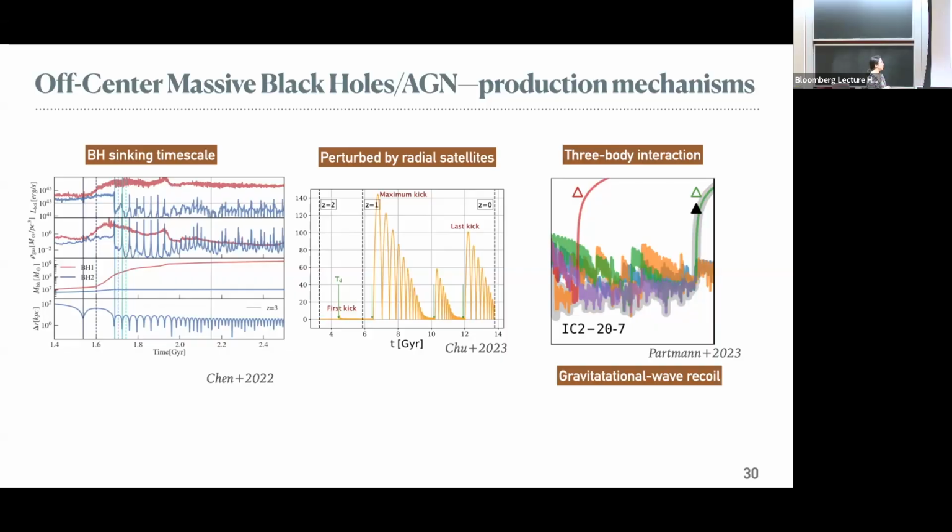In addition to these major mergers, you can also have a black hole that's initially sitting at the center of a BCG, but is then kicked because of infalling satellites. This is a work by Eileen Chu, and basically they trace in simulation the infalling orbits of all the satellites, and then calculate how much the central black hole will be kicked or perturbed from the center each time there's a satellite on a radial orbit.